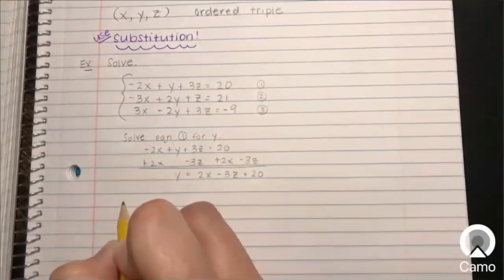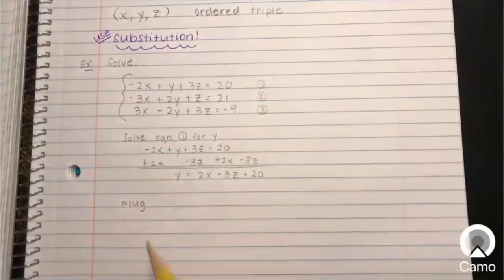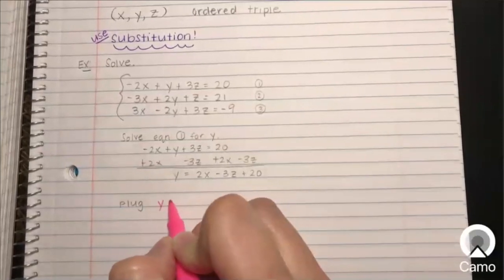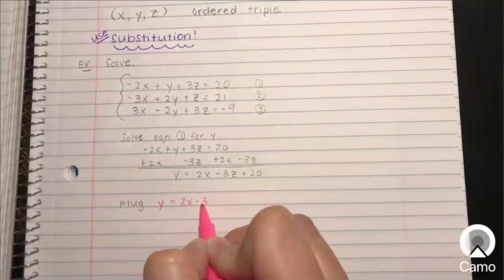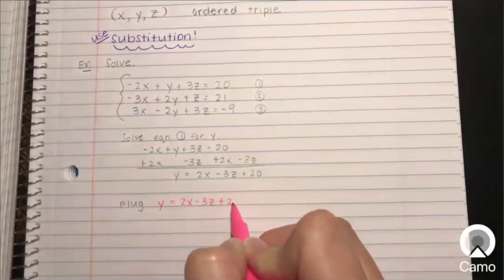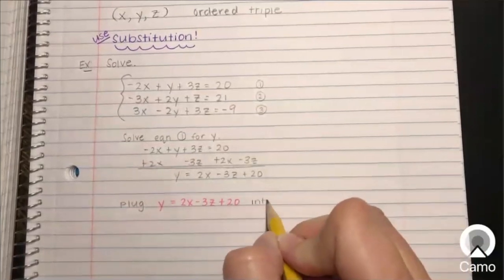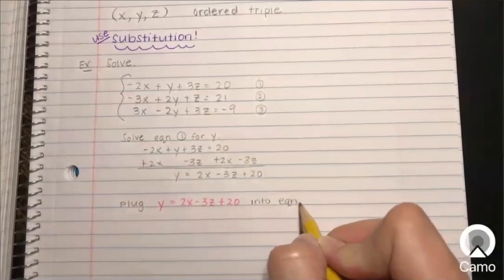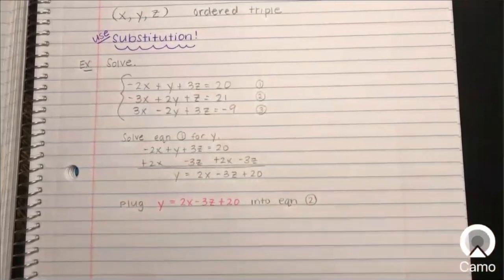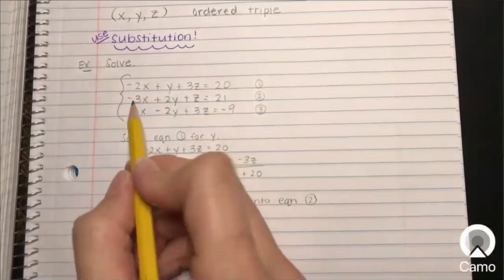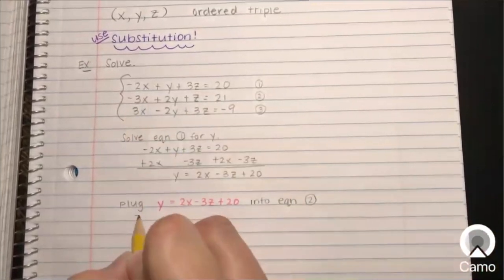Instead of having an x, a y, and a z, I will only have an x and a z. So we're going to plug our equation into equation 2. We're going to take equation 2 and substitute this in for y.